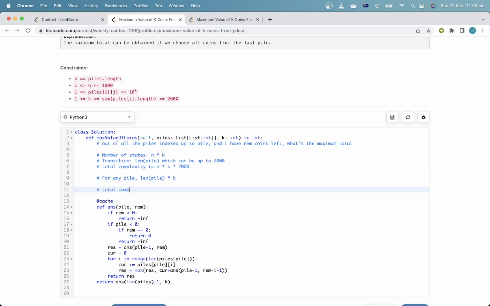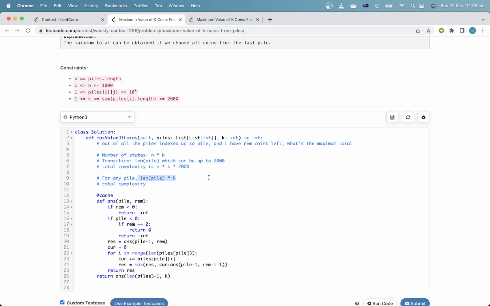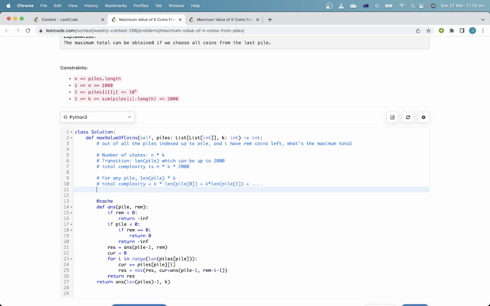And that means that the total complexity, if I sum this value up for all piles, is just going to be k times the length of pile 0 plus k times the length of pile 1, and so on and so forth. And I can see that if I factor k out of that, that's just going to be k times the length of pile 0 plus the length of pile 1, and so on.